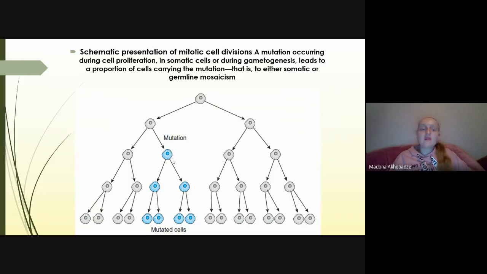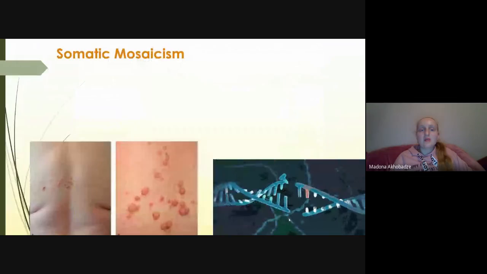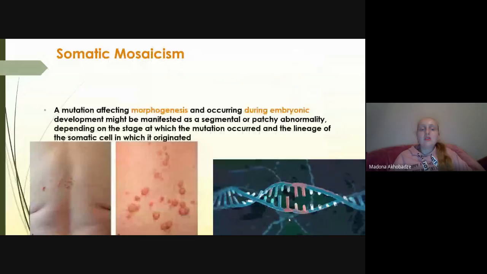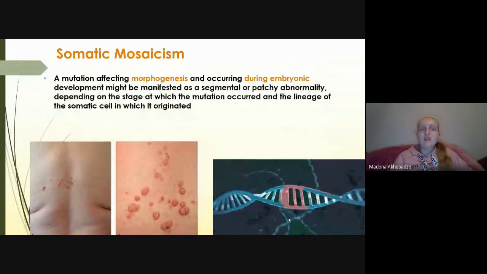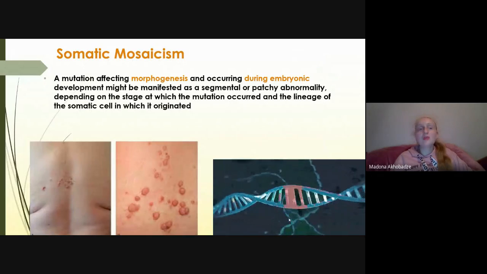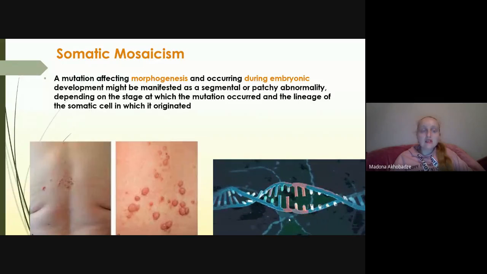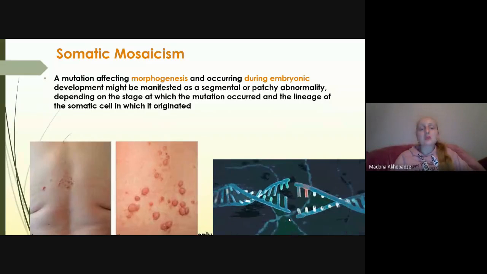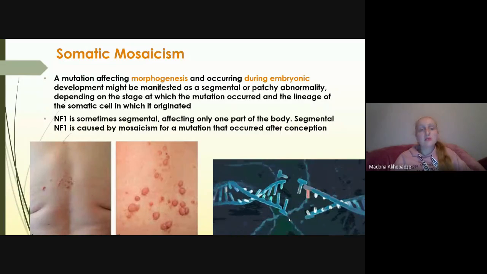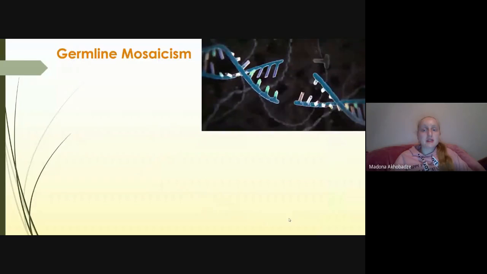Only this line of cells is mutated, and that's what happens in segmental neurofibromatosis. A mutation affecting morphogenesis and occurring during embryonic development might manifest as a segmental or patchy abnormality, depending on the stage at which the mutation occurred and the lineage of the somatic cells in which it originated. Now, this was somatic mosaicism.